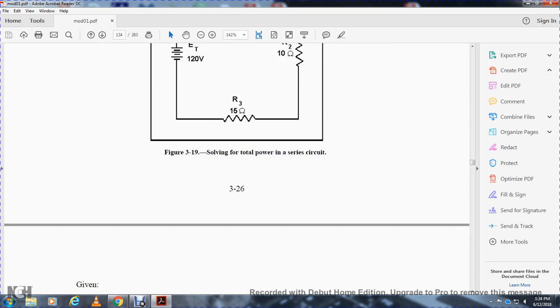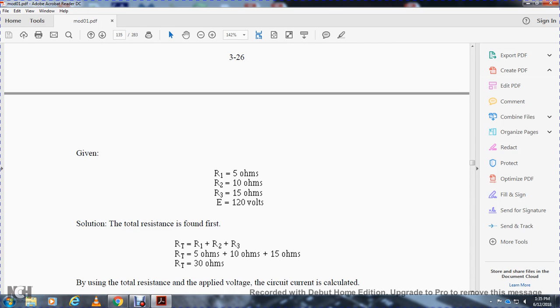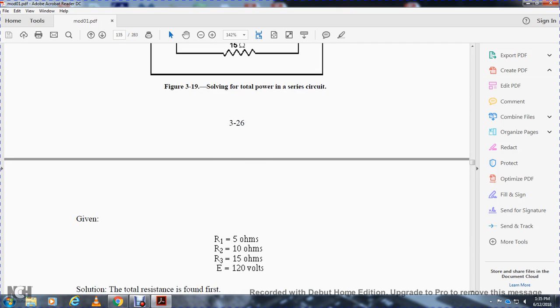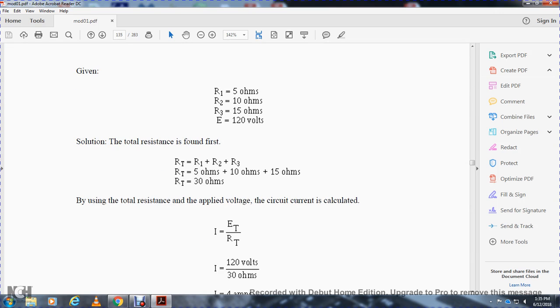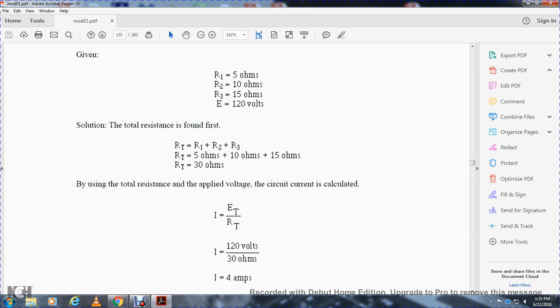Resistor 1 would be 5 ohms, resistor 2 10 ohms, resistor 3 15 ohms, and you have 120 volts for E. The total resistance would equal 30 ohms, and the total current is equal to the total voltage over the total resistance, which would be 120 volts over 30 ohms.